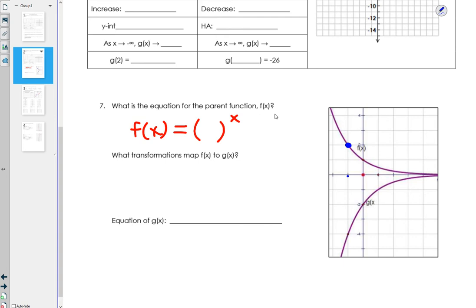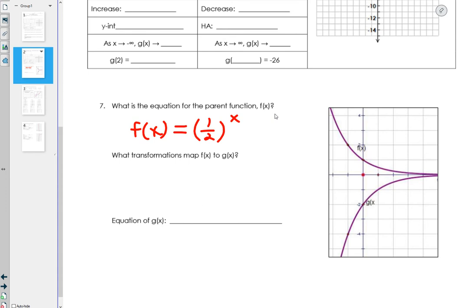So that means that if this something we're looking for to the negative 1 power gives you 2, and that negative causes there to be a reciprocal, what's that base? It isn't 2. It's 1/2. What is 1/2 to the negative 1 power? It's 2.